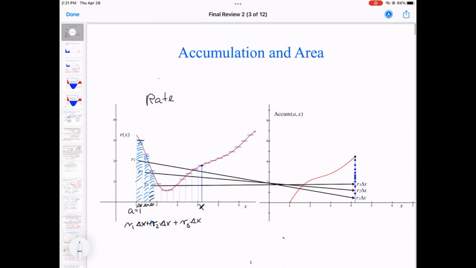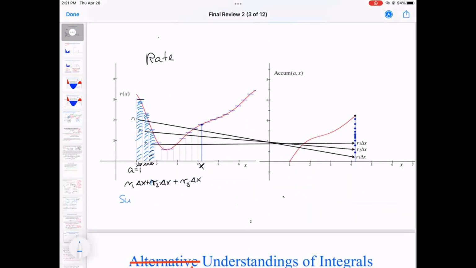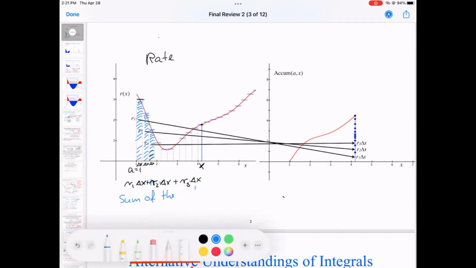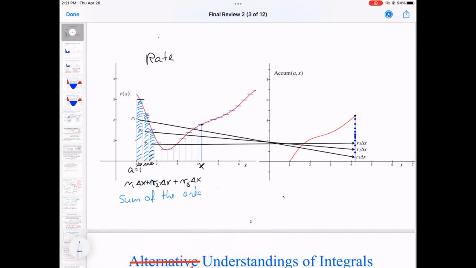Let's write this down: the sum of the areas of the rectangles created on the rate graph.